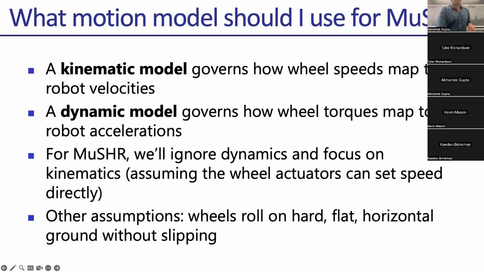Okay, so specifically, what we want to do is a kinematic model. Right? A kinematic model tells you how robot velocities and steering angles affect future positions. We don't want to do a dynamics model. The dynamics model is something that tells you how currents or torques on the wheels, how forces affect motion, right? So dynamics are about forces, kinematics are about velocities and position. So we're just going to deal with kinematics for now, and in 2 to 3 weeks, we're going to cover dynamics.